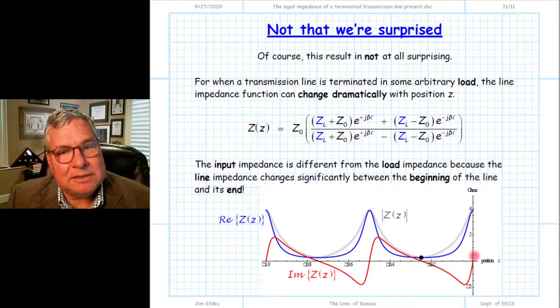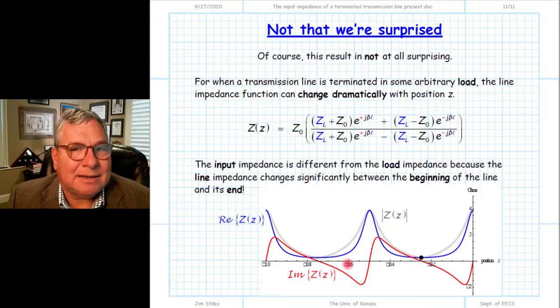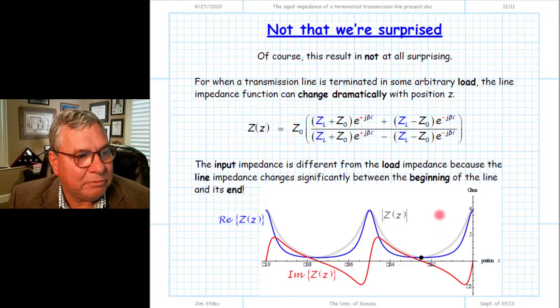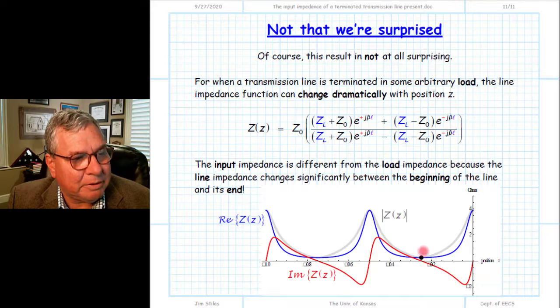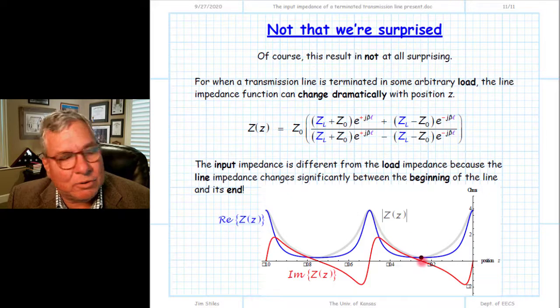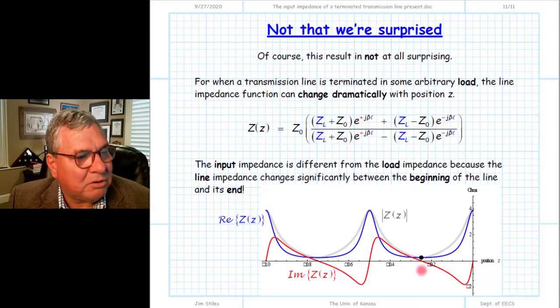The input impedance is just whatever the value of this line impedance is at the beginning of the line. Of course, that depends on the length of the transmission line. If we were to have a transmission line that had a value of 0.25, then the input would be right here, and the impedance would be a value, looks like, of around 0.5 real and 0 imaginary.